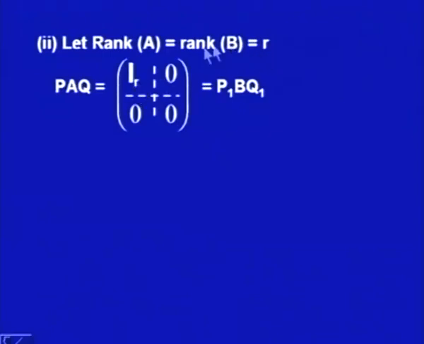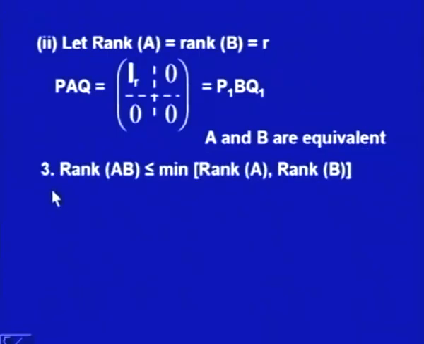So, B will be equivalent to this row reduced echelon form. When you apply linear transformations to B, it will be reduced to P1BQ1 form, and when you apply linear transformations to A, it will be reduced to PAQ, and since both of them are equal, the rank is R. So, if PAQ is equal to P1BQ1, then A and B are equivalent.